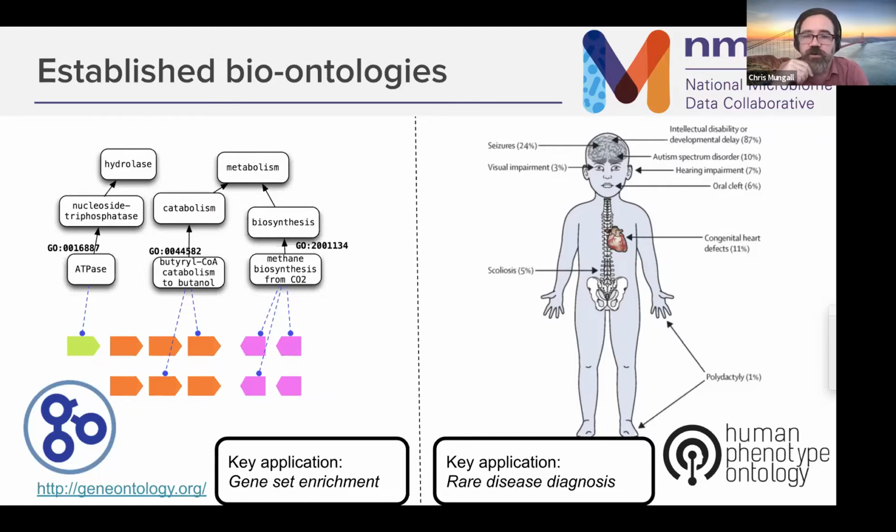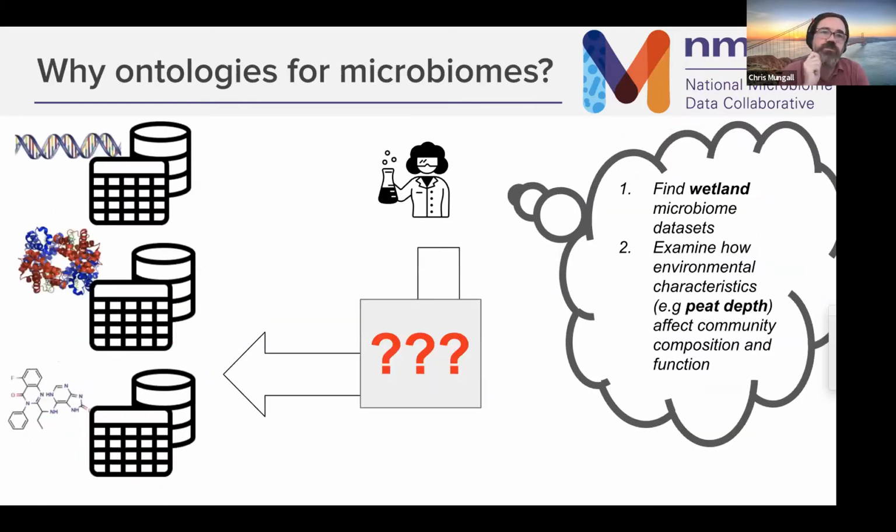A killer app for the Human Phenotype Ontology has been as part of new genomic medicine initiatives, where it's being used to diagnose patients with rare diseases. So there are many different ontologies with many different applications, but I think it's helpful to think of some of these key applications.